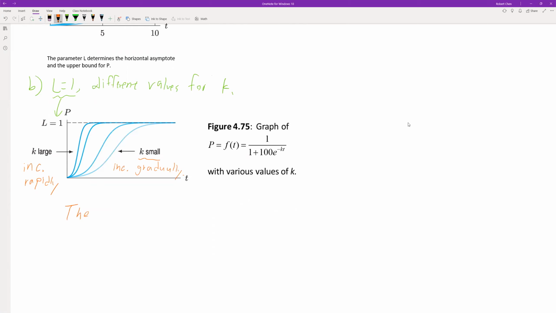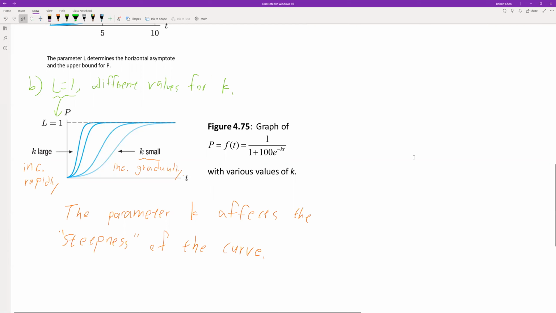The parameter k affects the steepness of the curve. When k is large, it's really steep because it's increasing very fast.